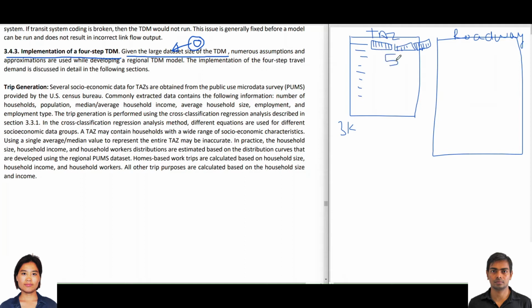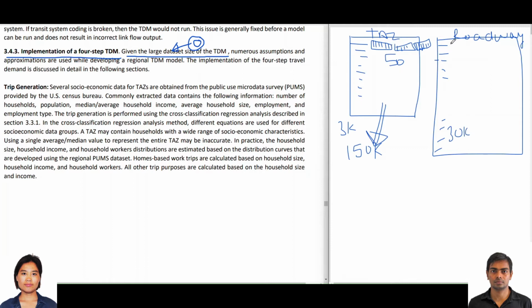Let's say there are 50 columns, so when we multiply them together, it will be 150,000. So we have 150,000 data points to fill up for the TAZ layer itself. Now for the roadway, the number of links is even much greater. So the number of links for roadway, let's say for simplicity, 30,000.